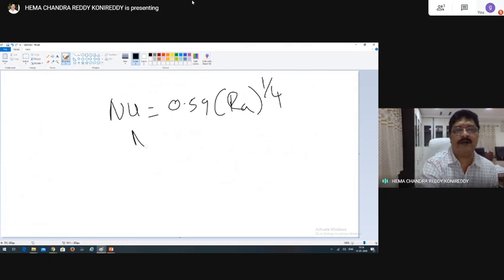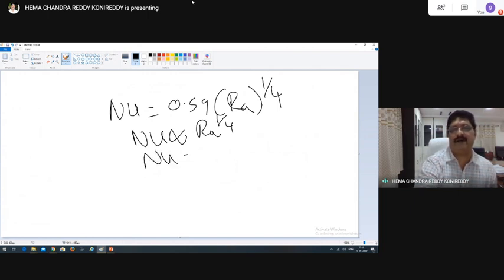That means Nusselt number is directly proportional to Rayleigh number power 1/4. What is Rayleigh? Rayleigh is product of Gr and Pr, and therefore Nusselt number is also directly proportional to Gr power 1/4.